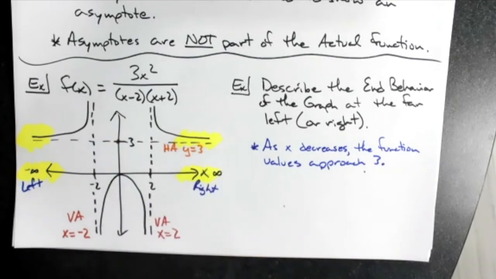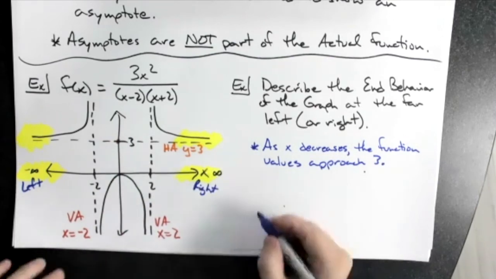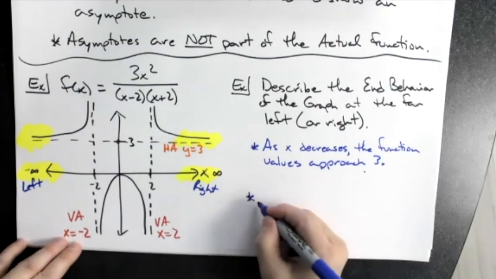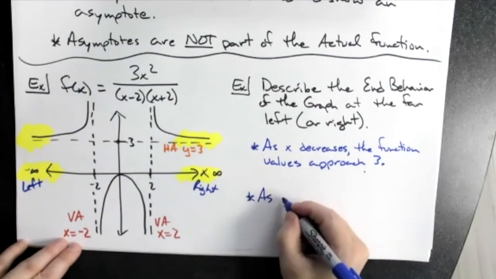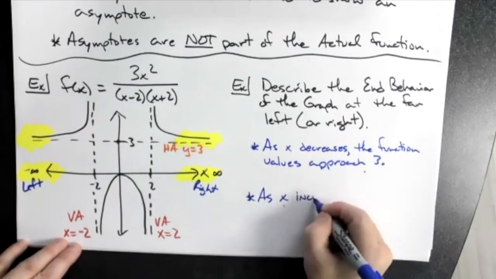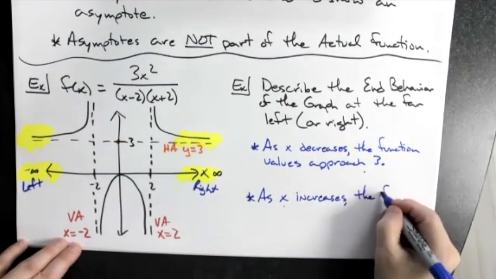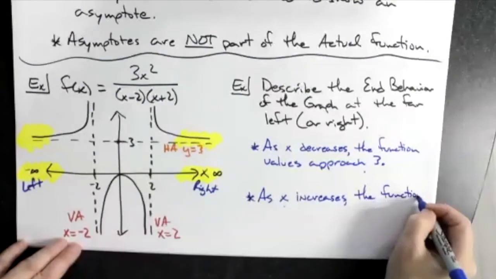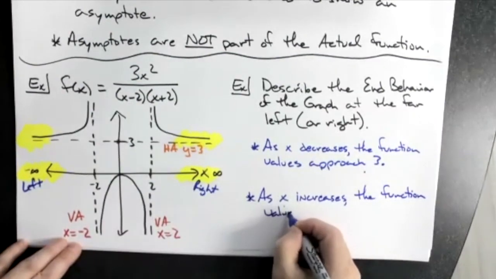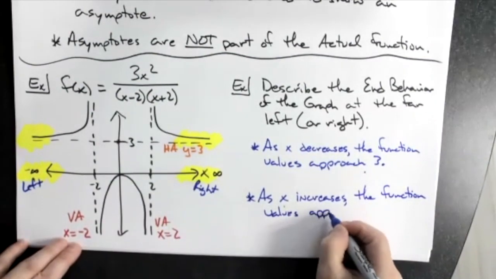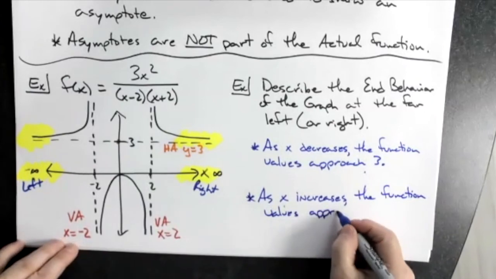So in this particular instance, the answer is the same. It does not always have to be the same. As x increases, the function values approach 3.